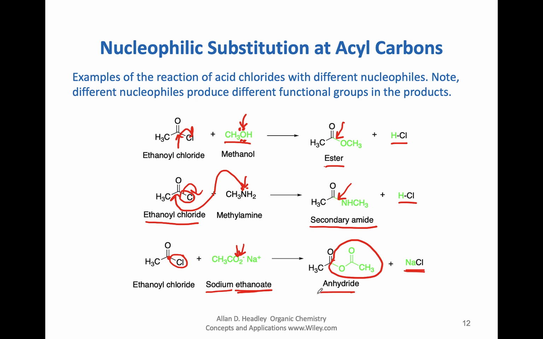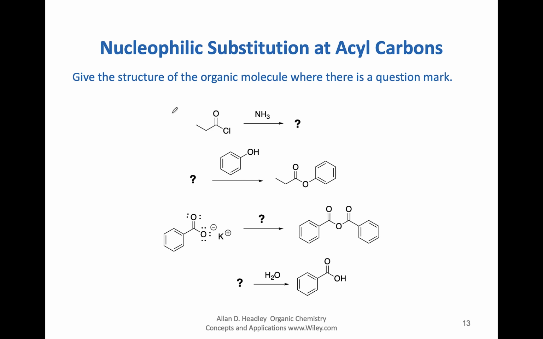This, of course, as you will recall, is an anhydride. So you can see we make different functional groups from acid chlorides. So you can tell acid chloride will be a very, very important starting material for the synthesis of various other molecules.